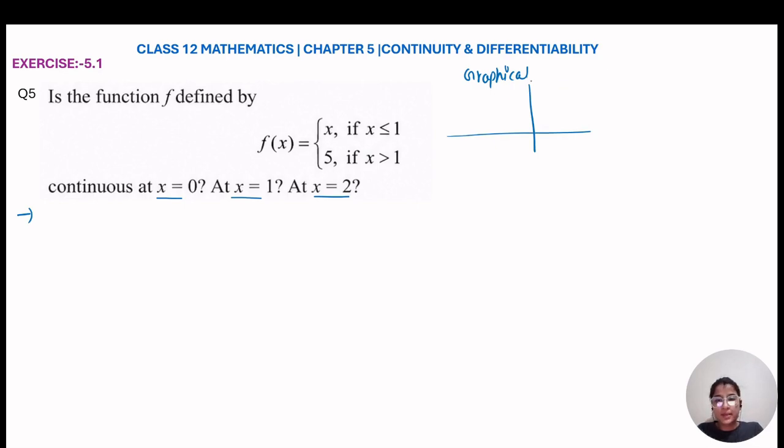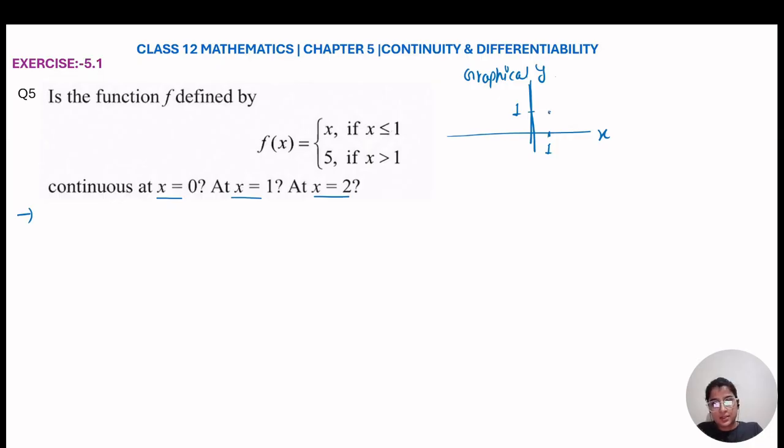Let's see. First, we will make its graph. This is our x-axis, this is our y-axis. Let's say this is 1. It says that for x less than or equal to 1, it is defined as x.